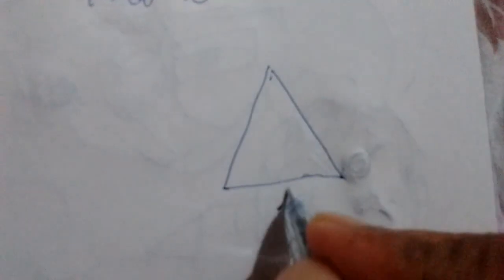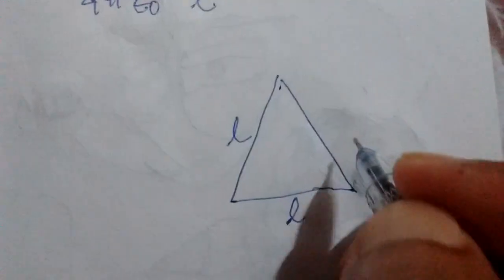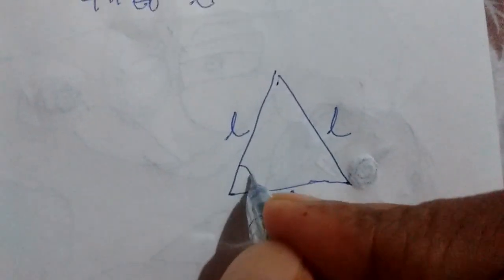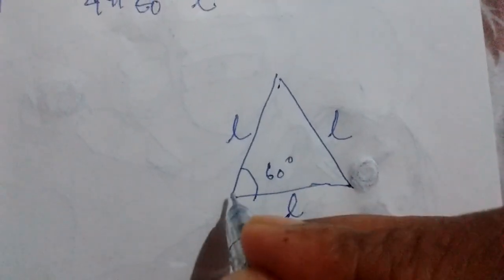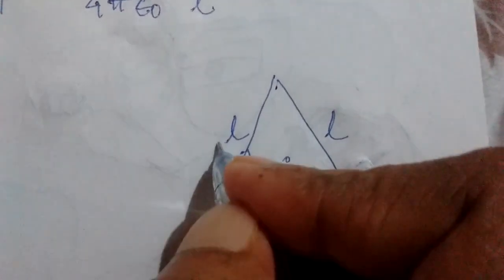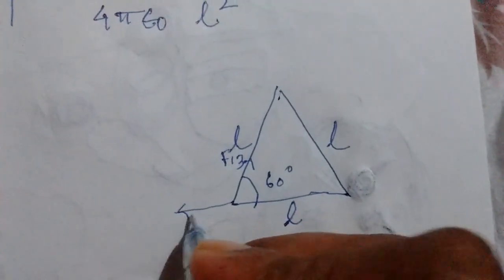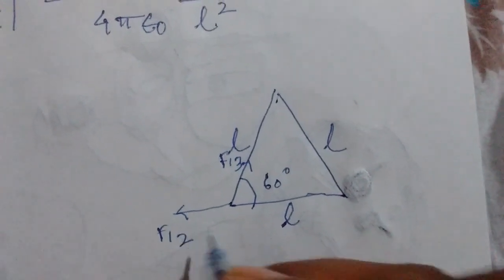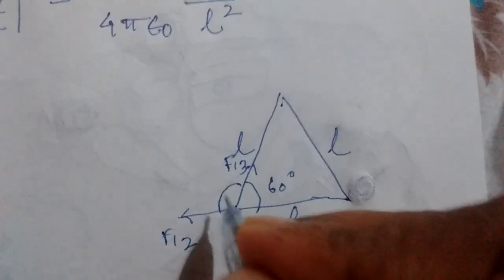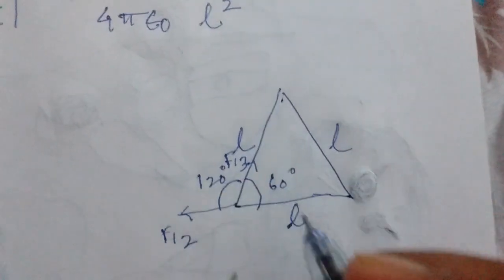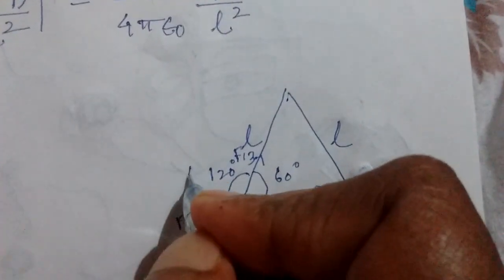Here I am drawing the equilateral triangle of side L. This is 60 degree. This is the direction of F13. This is the direction of F12. Now this angle is obviously 120 degree, which is theta. Theta is equal to 120 degree.